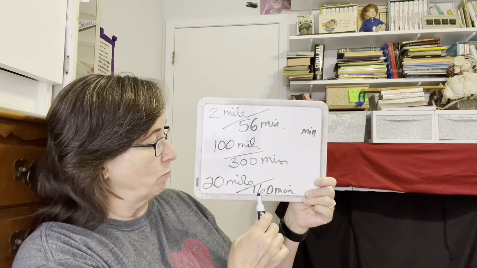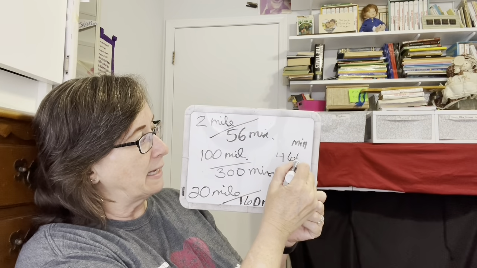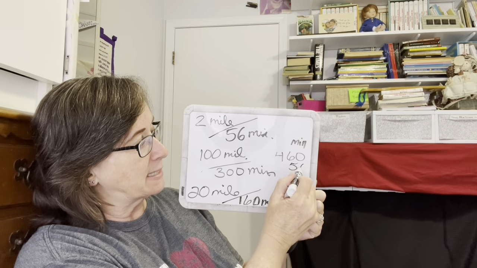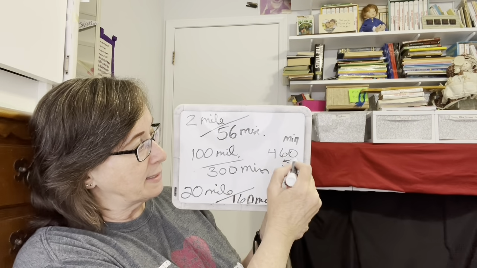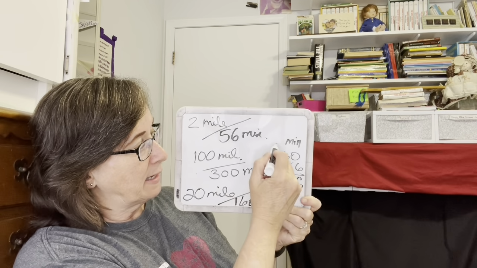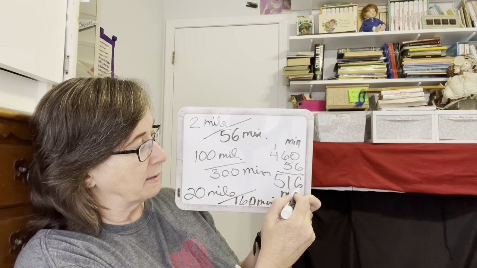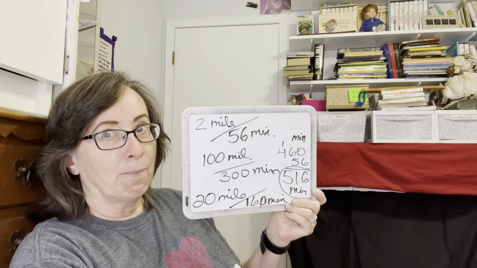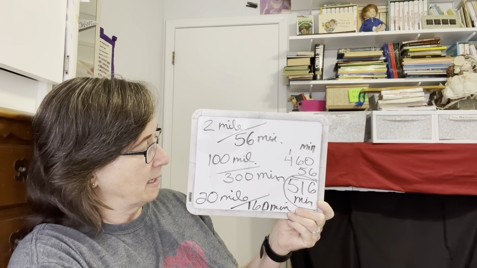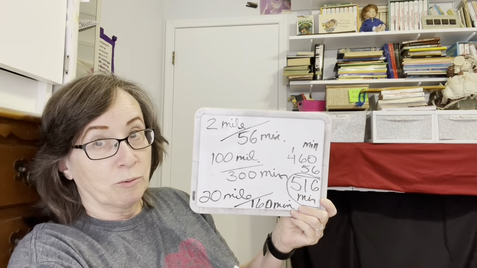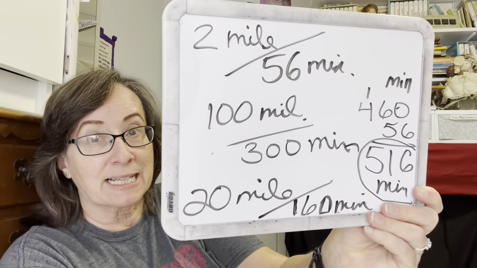So 300 and 160 is 460. That's pretty easy. 460 plus 56. So total minutes was 516 minutes. Wow, 516 minutes. Okay, so that was the answer to the first part.